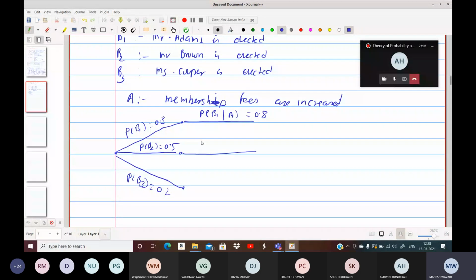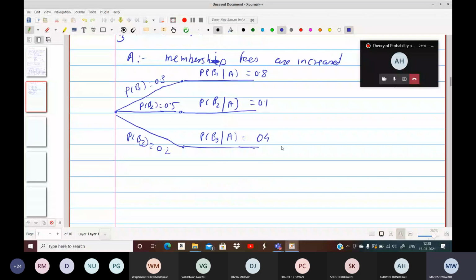Next, should Mr. Brown or Miss Cooper be elected: the probability of an increase given B2, Mr. Brown elected, is 0.1. And next, Miss Cooper is elected and membership fees increase, it is given to be 0.4.